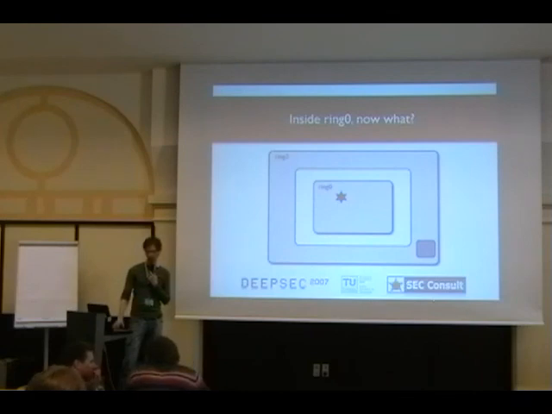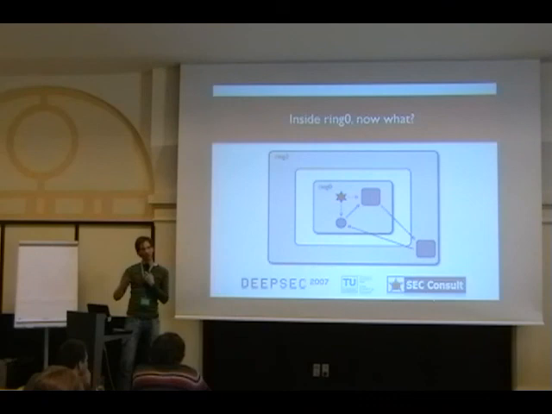So what you'd like to do is set up your exploit or place it somewhere else where it's safe, and install a hook for later on. Then a user space process later on triggers your hook that would then execute your second payload or copy it to the user space process and execute it there.